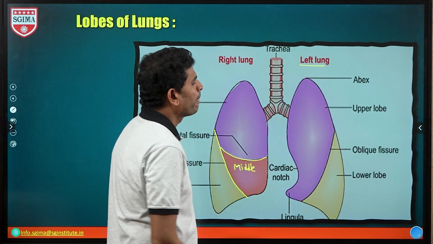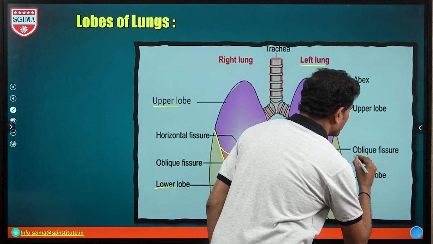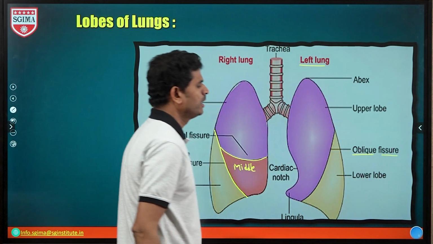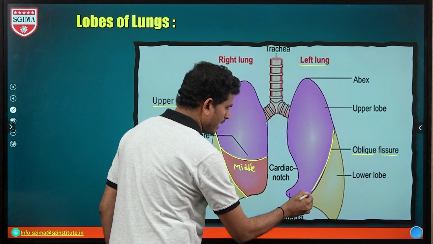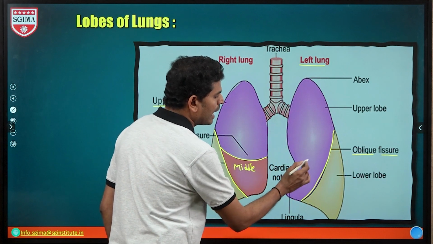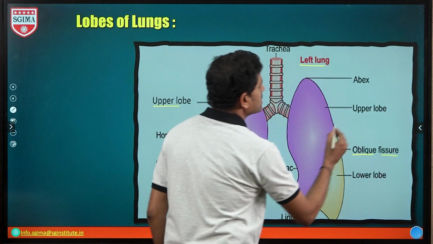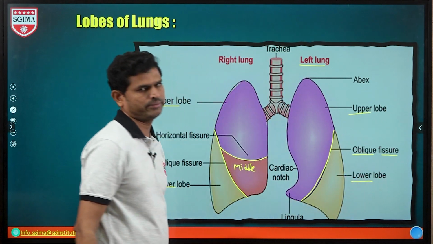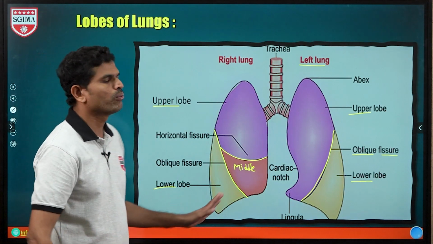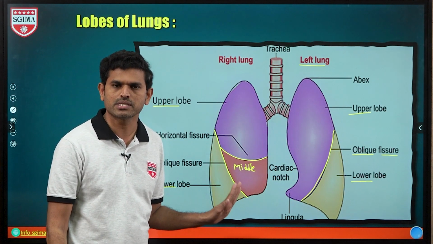The left lung has only one fissure, that is the oblique fissure. This oblique fissure divides the entire left lung into 2 lobes. The upper one is the superior lobe and the lower one is the inferior lobe. So these are the only points we have to remember from this slide.